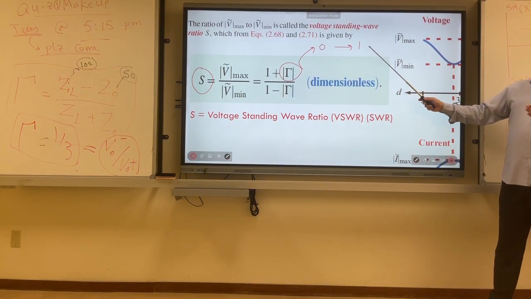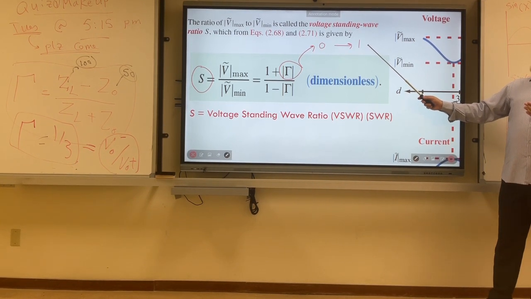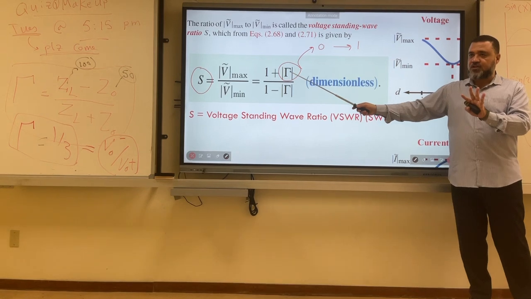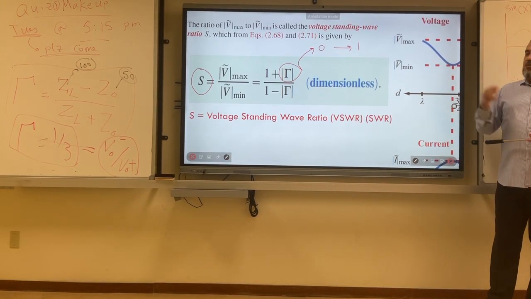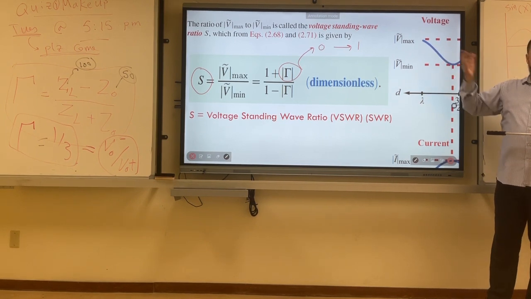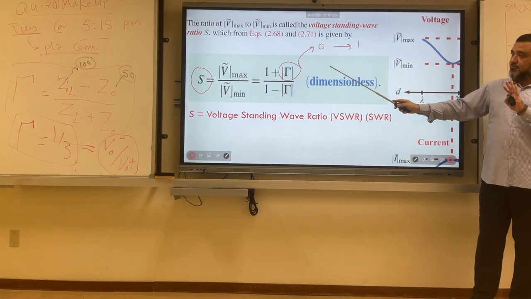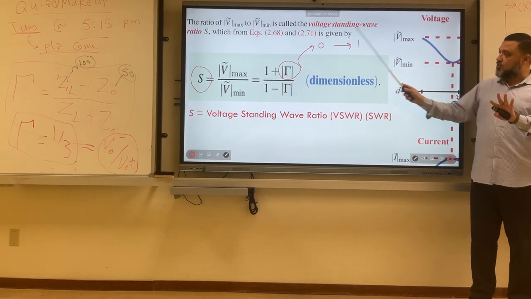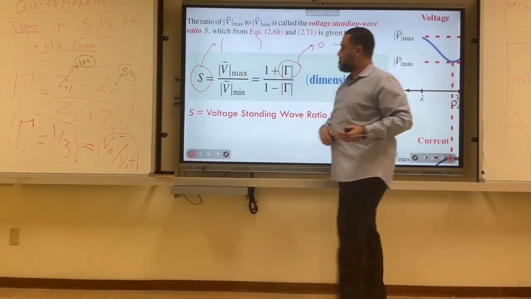Do you know why it shouldn't be bigger than 1? The reflection coefficient will never exceed 1. Otherwise the reflection would be more than the original signal. You are sending some waves, then receiving more reflection than what you are sending. That doesn't make sense, so it will never exceed 1. So based on this fact, that the magnitude of gamma is from 0 to 1, S will have limits from what to what?